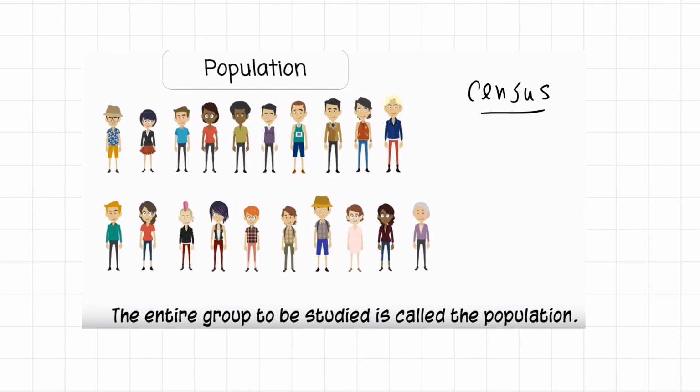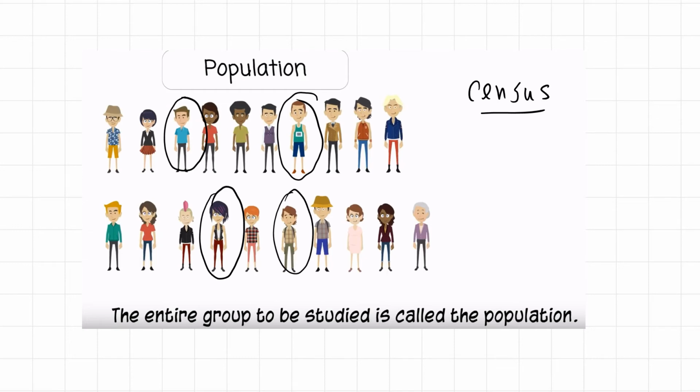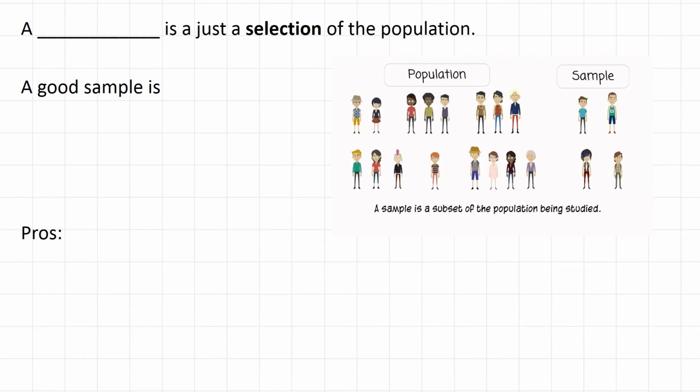And so let's say you choose this guy and this person and this person. And you say, all right, instead of asking everybody, I'm just going to ask those 4. This is called a sample.